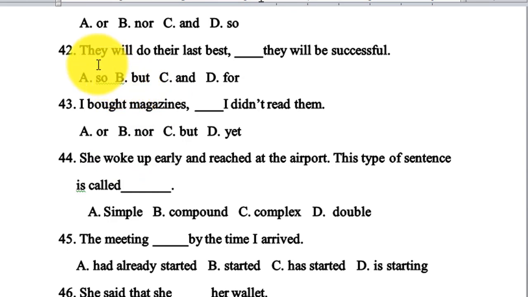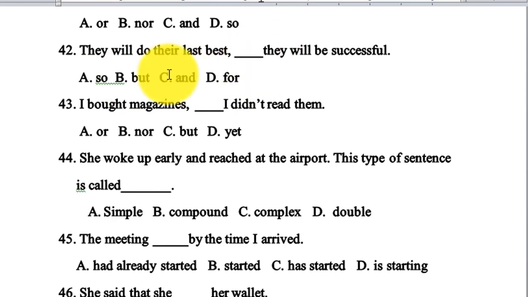Fine. Question number 42: they will do their best, blank, they will be successful. Yes, they will do their best, and they will be successful. So, but, and, for.